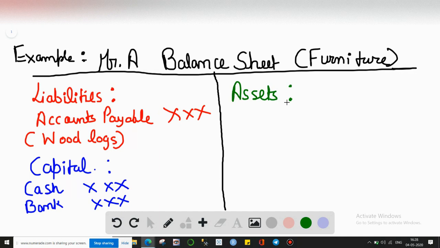That is what our customer has said to us. When we have any amount that is receivable from our customers, such amount will be considered as assets. We refer to the amount receivable from the customers as accounts receivable.